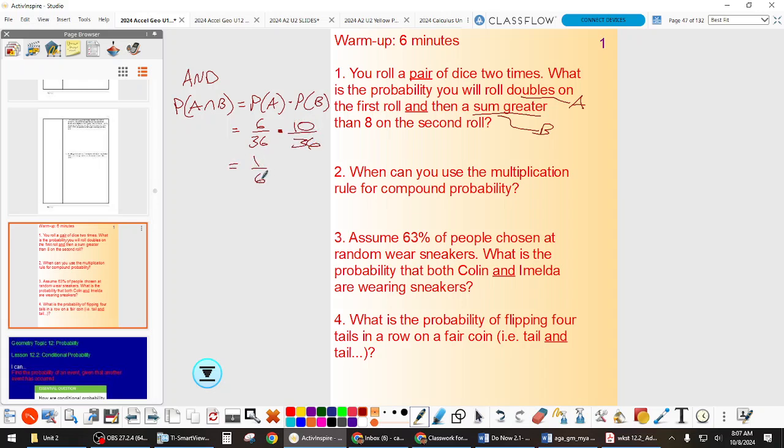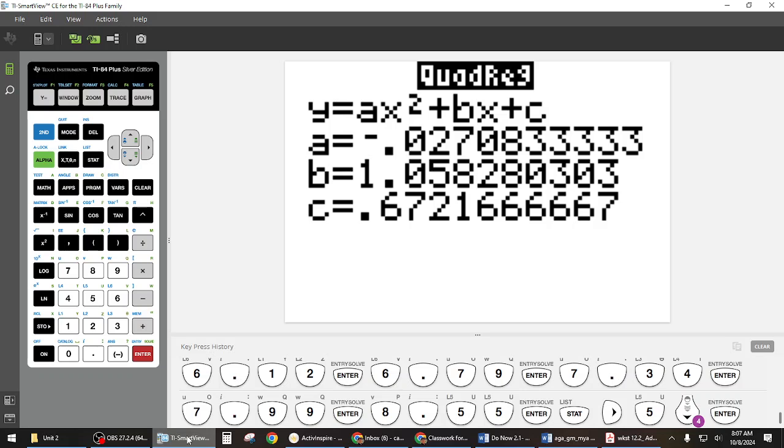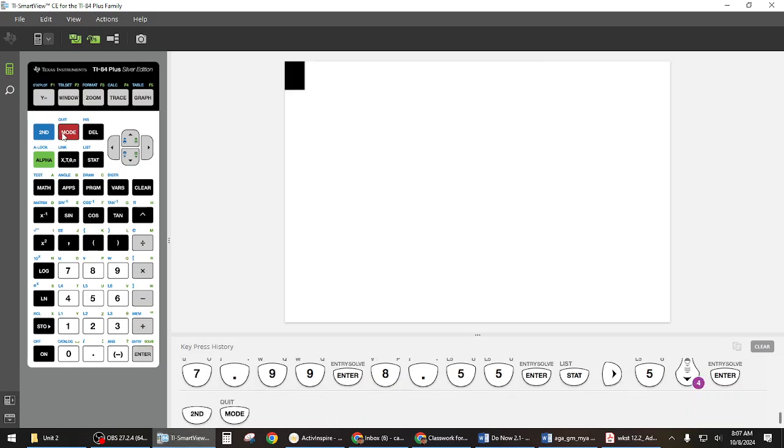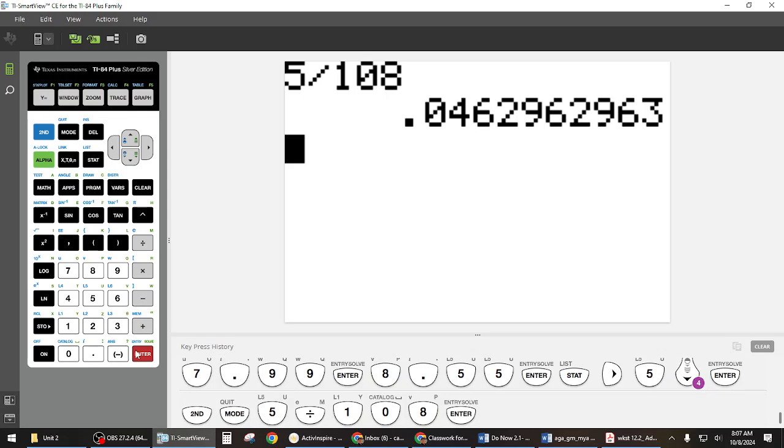If we simplify this, 1/6, and then what is that? 5/18. That helped a little. Okay. And as a decimal, .046.